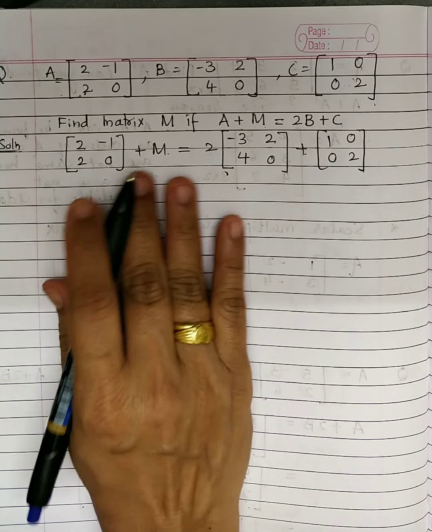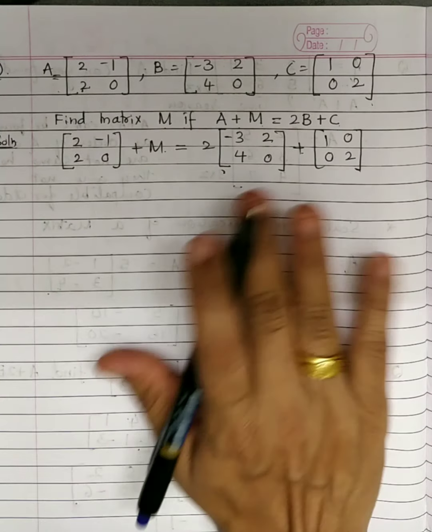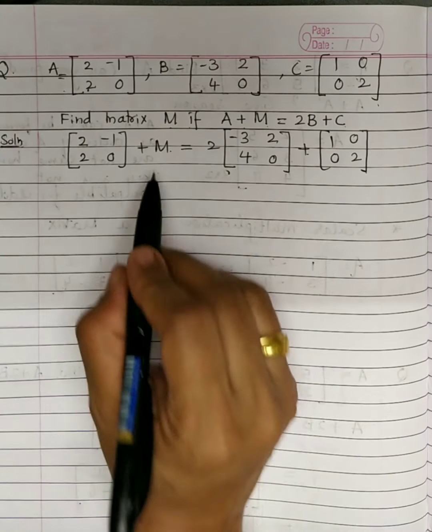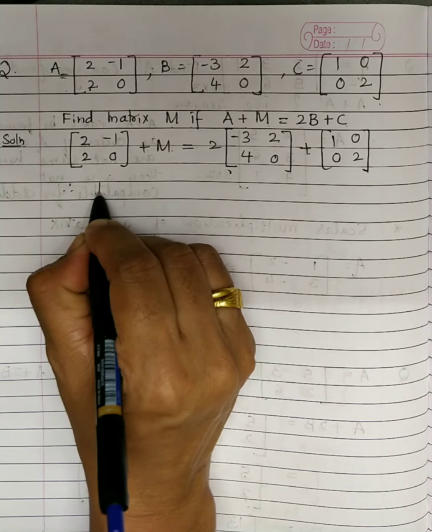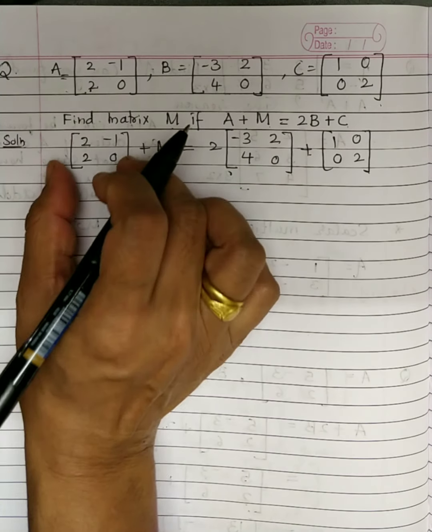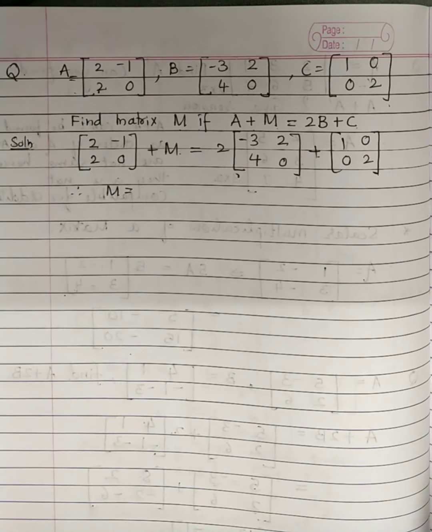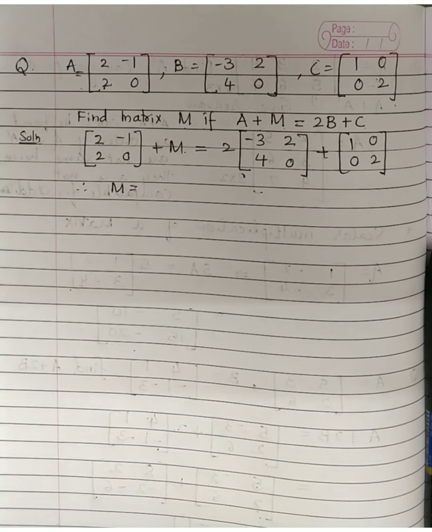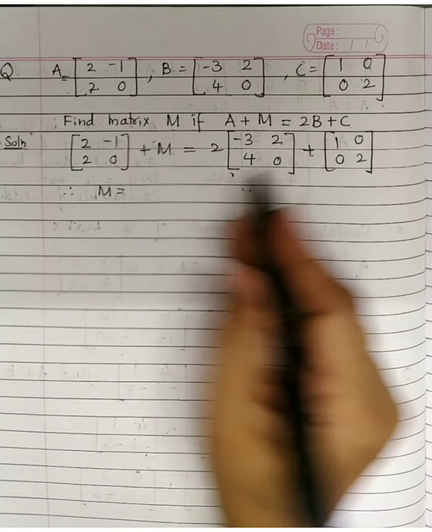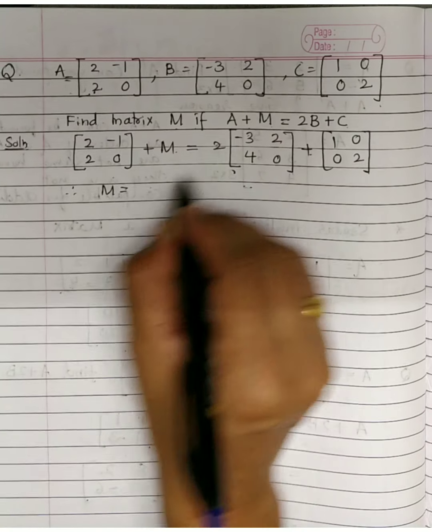Now as we have to find, this is an equation, all the rules are applicable over here. So when you are finding matrix M, what will happen? This matrix will go to the right hand side, and also you can simplify this meantime.